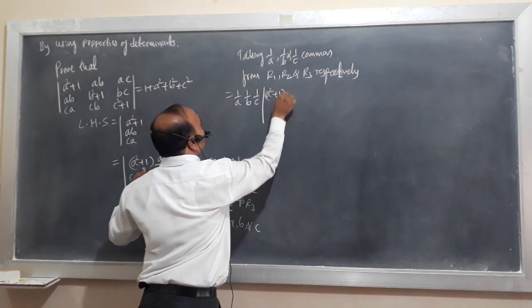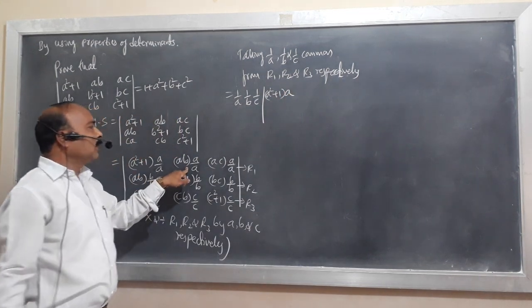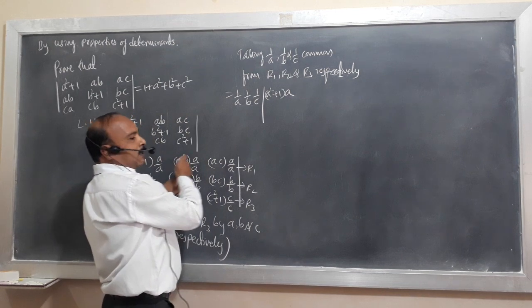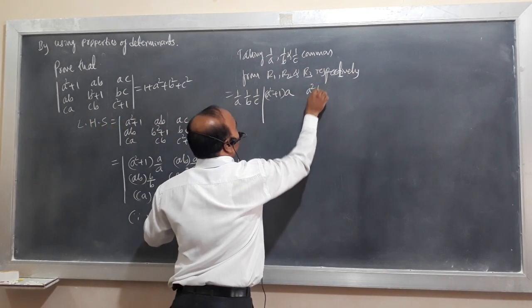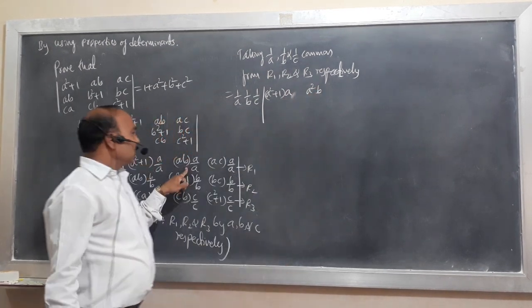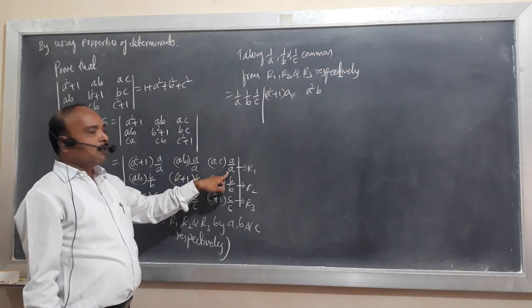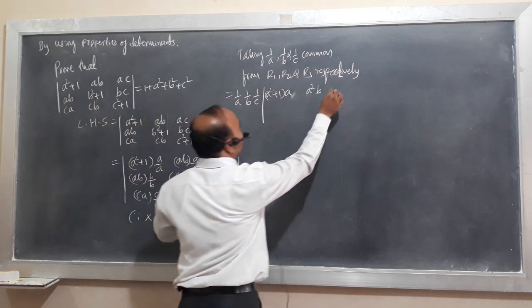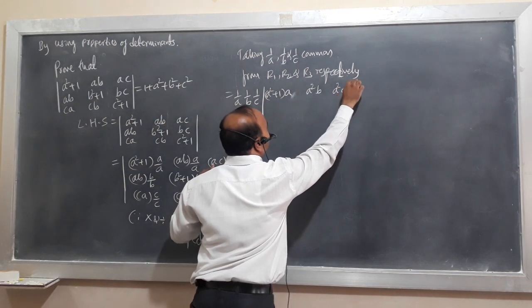A square plus 1 into A. Here, A into AB is A square B. Here, with 1 by A taken outside, what is left? A into AC, which is A square C. It is the first row.